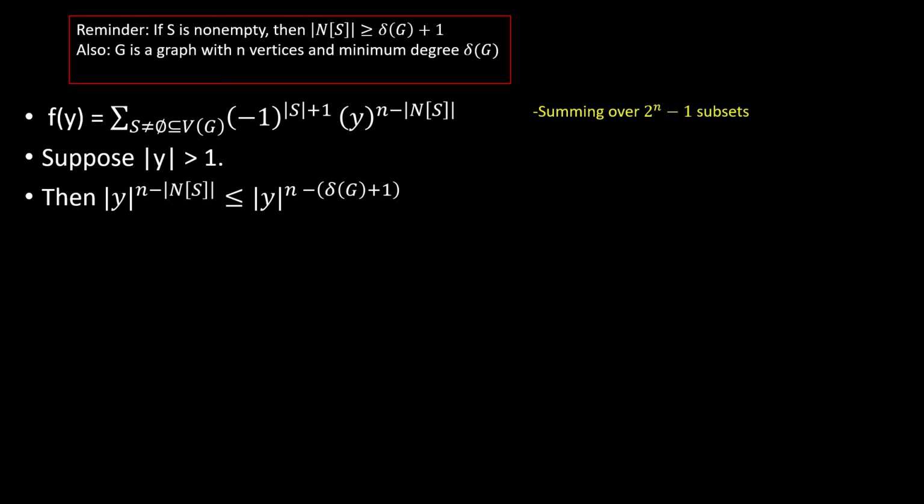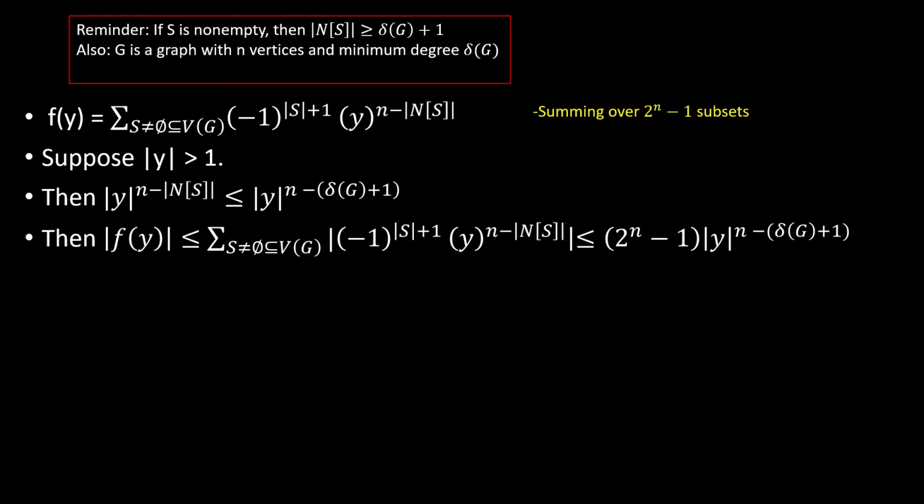Now, since we have 2 to the n minus 1 summands to add up in f of y, the absolute value of f of y is at most 2 to the n minus 1 times the absolute value of y to the power of n minus delta of g plus 1. Now hold on to this result for a moment, and let's transfer it to our previous slide.